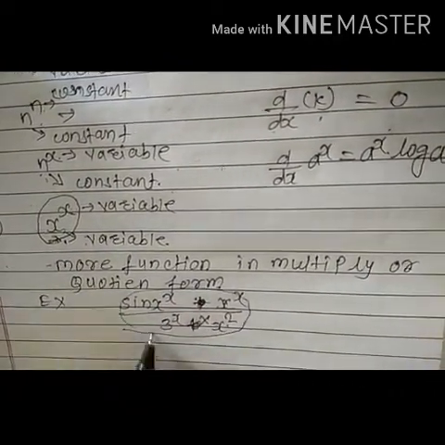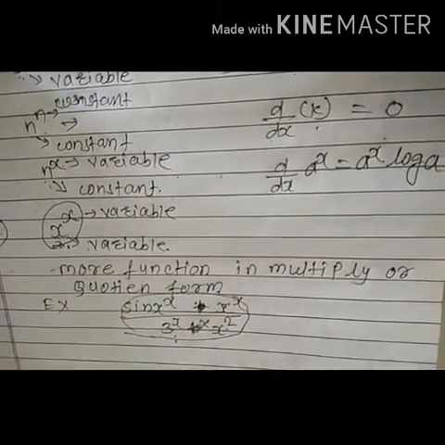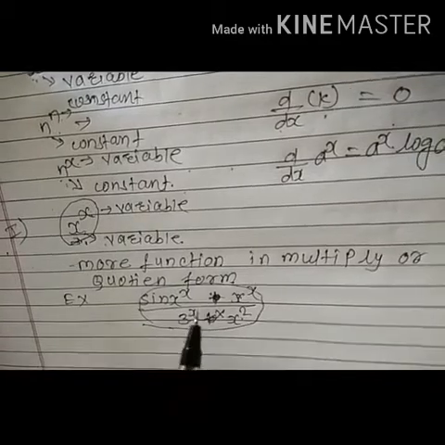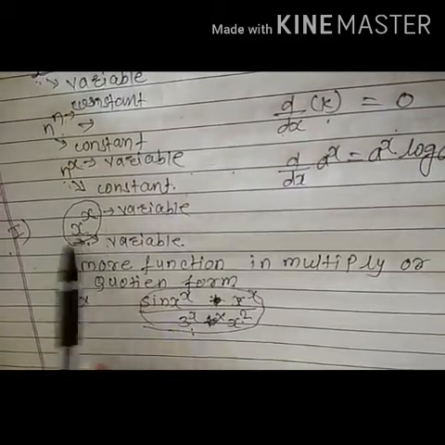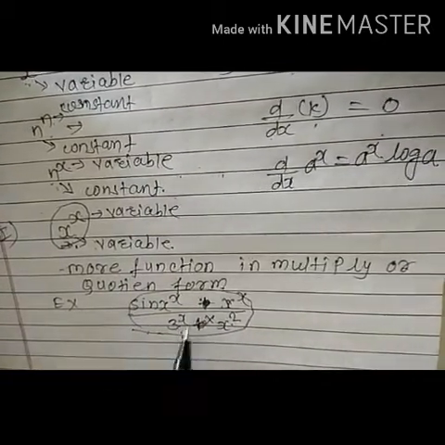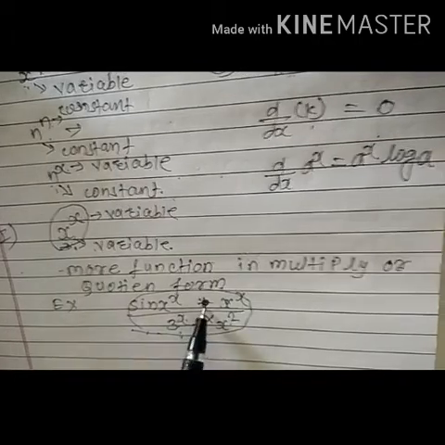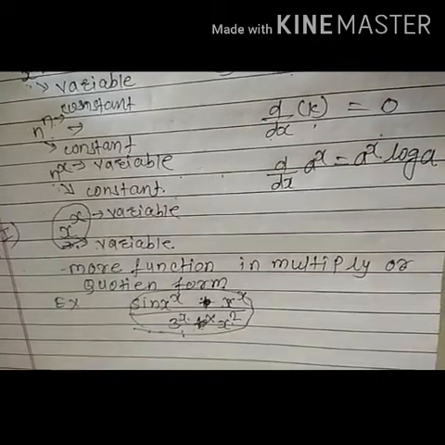Such examples also use logarithmic differentiation. Means two cases use logarithmic differentiation: in the first case, when the base and power are variables, and in the second case, when so many functions are together in multiplication or quotient form.